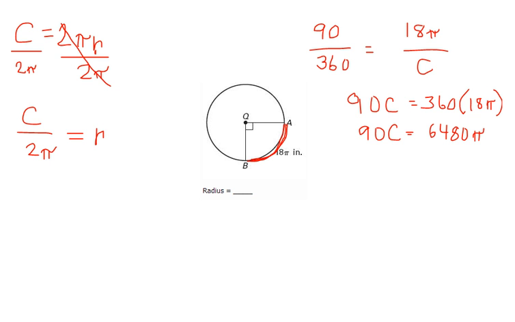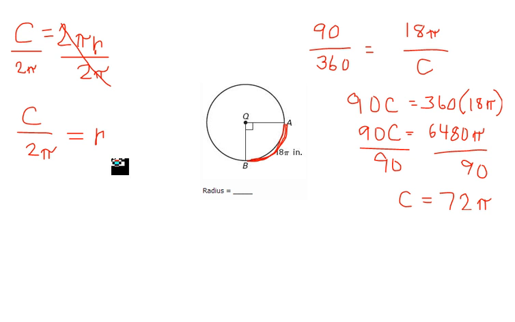Okay, so when we multiply the 360 times 18, we get 6,480, and as I said, let's leave pi the way it is. Now we've got to divide both sides by 90. And that just gives us that the circumference is equal to 72 pi. Now again, hold on for just a minute before we do any substituting of pi, and I'll show you what we can do with that.